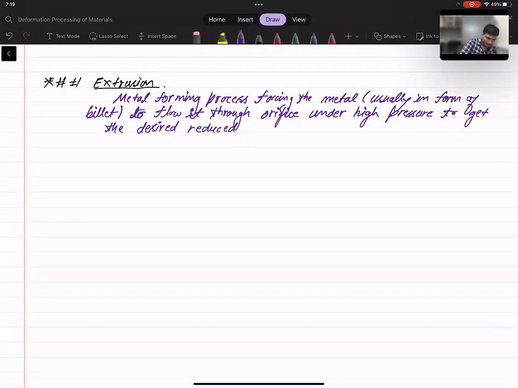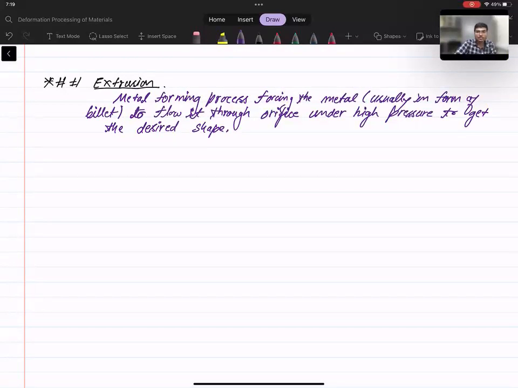We should not say reduced always, but to get the desired shape, okay. So this process is known as extrusion.